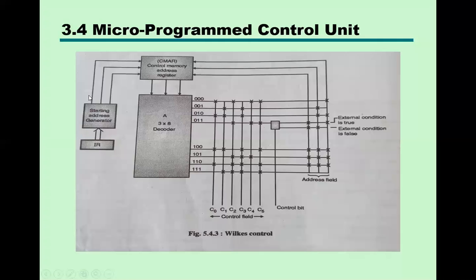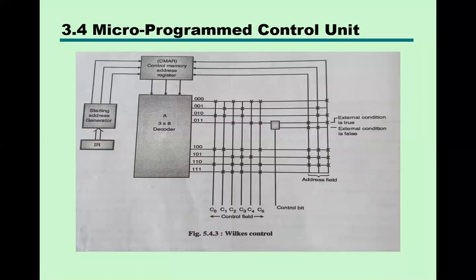From the instruction register only, the instructions are loaded into the control memory address register, as well as from the address field of a micro instruction. A machine instruction typically provides the starting address of the microprogram in control memory. So what is the starting address from which the micro instruction execution starts, which is provided by this starting address generator.